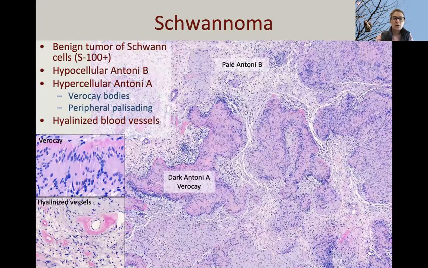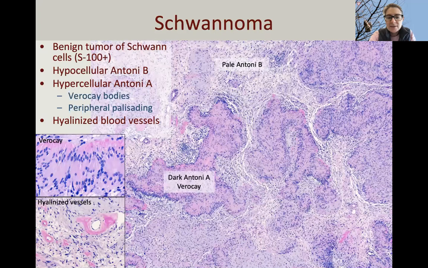So schwannomas are characterized by these hybrid appearances of more paucicellular pale areas and more dark hypercellular areas.